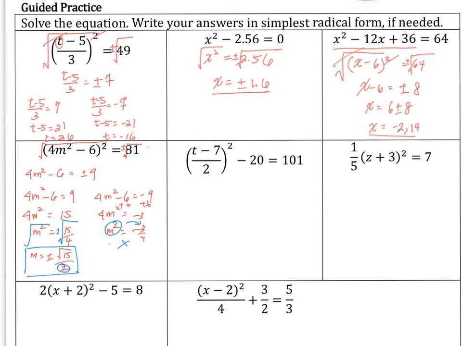And then for this one, let's first add 20 to both sides. Cancel. 121. Now I'm going to take the square root of both sides again.